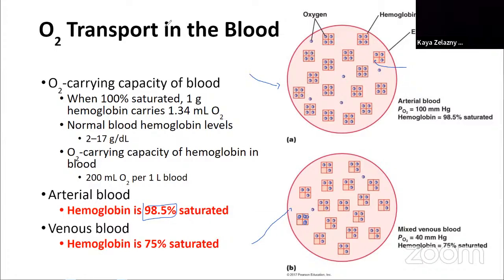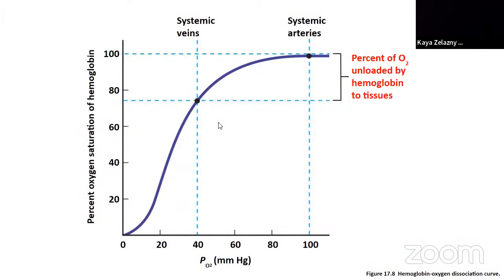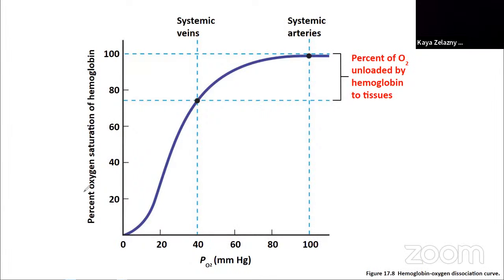We're not completely sucking all the oxygen out of the blood, which we know because we have a partial pressure of oxygen of 40 in the blood. So here we're looking at a curve comparing how saturated the blood is, like what percent of those hemoglobin slots are filled, versus a partial pressure of oxygen.